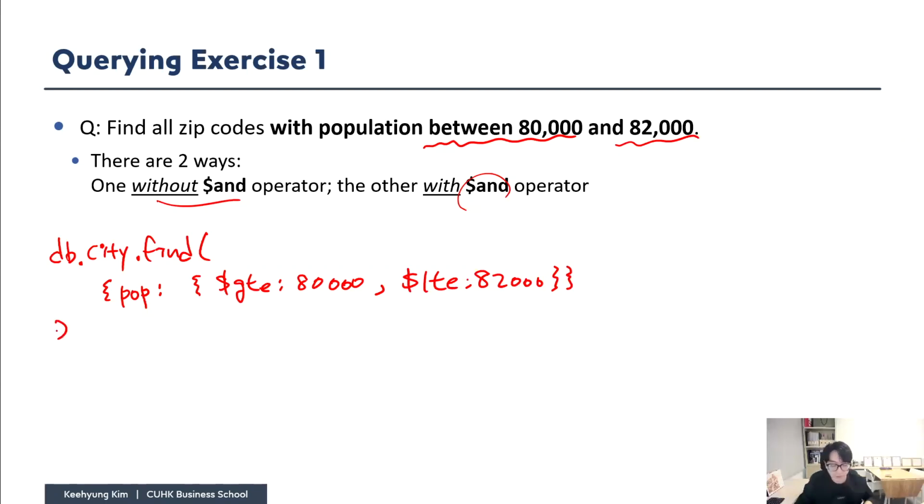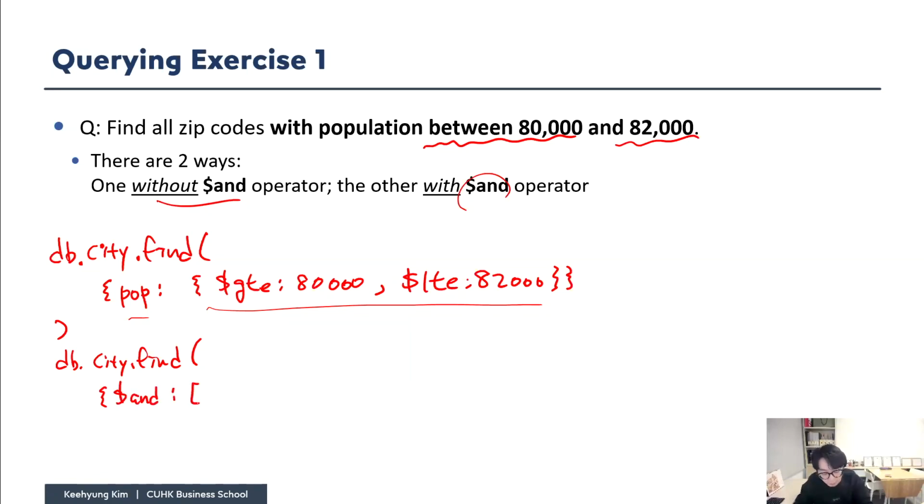And close like this. So basically, we list these conditions on the population field like this. That's one solution. And for another solution with the and operator, we can design something like this. db.cd.find, this part is the same. However, in this case, we use the and operator, and we list multiple conditions.